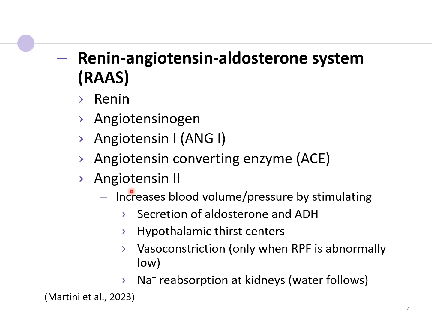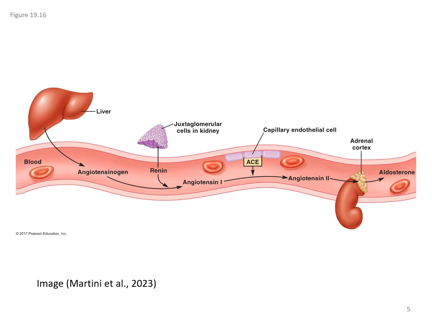Angiotensin 2 helps in the secretion of aldosterone from the zona glomerulosa. This causes vasoconstriction and reabsorption in the kidneys. When the sodium is reabsorbed, the water follows, and it increases the blood pressure.